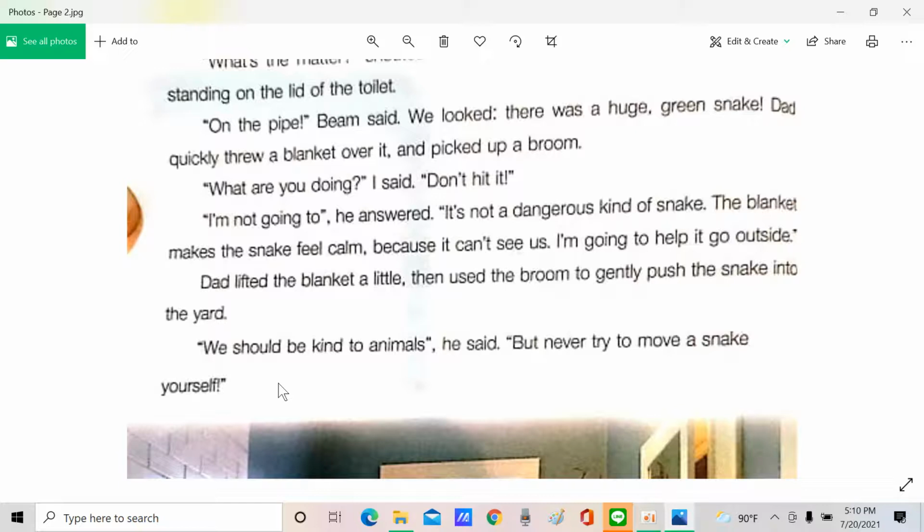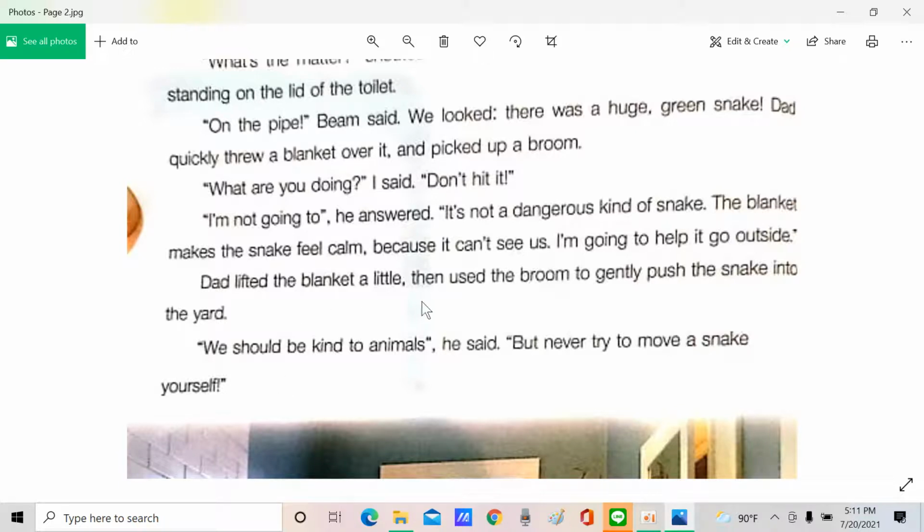So I think you have to just follow what their father did. If you see a snake, do not panic, do not scream or run, but better throw a blanket, cover the snake, and push the snake a little using a broom. Push it away so it can go outside the house.